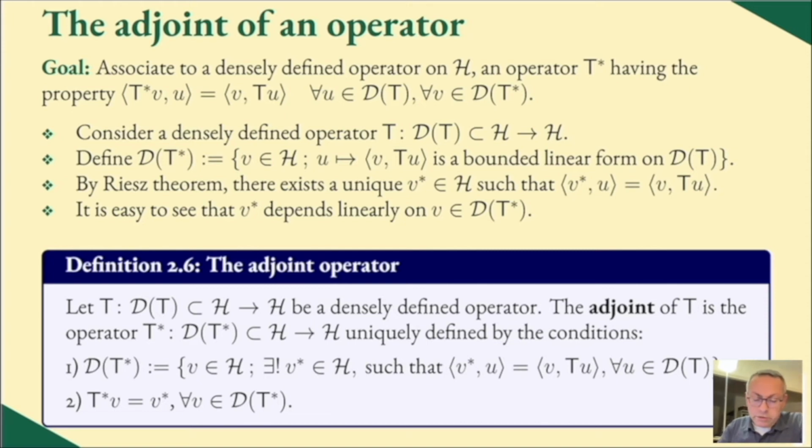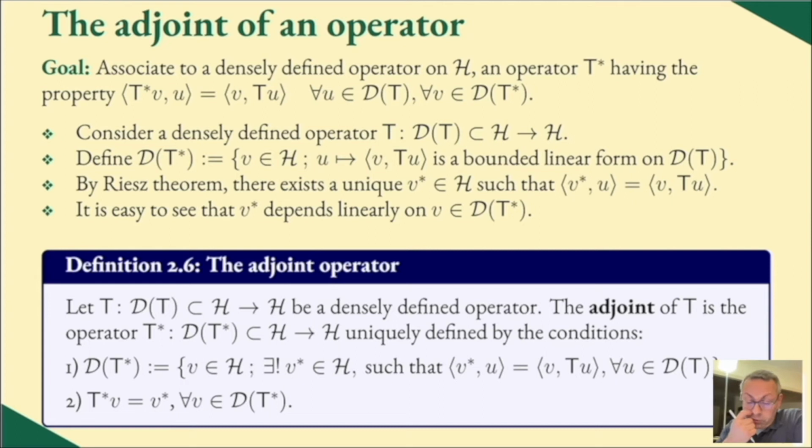So the goal is to associate to a densely defined operator T on H an operator T star, which has the adjoint property. Okay, so we require this relation to hold for any u in the domain of T and any v in the domain of T star.